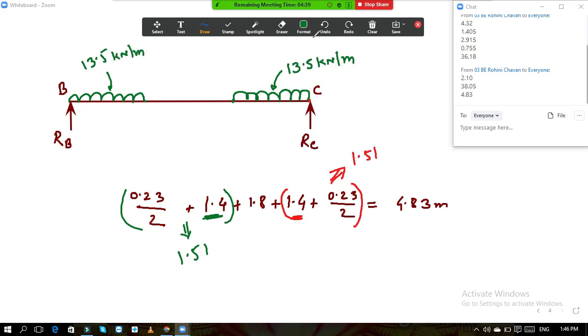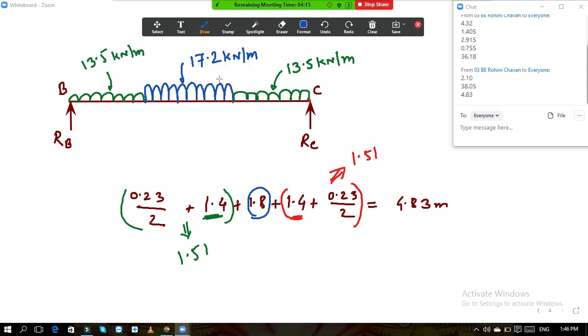And if you see the middle portion, this remaining portion, there is a flight, steps are there, so waist slab is there. For that waist slab it is 17.2 kilonewton per meter. This is the load.